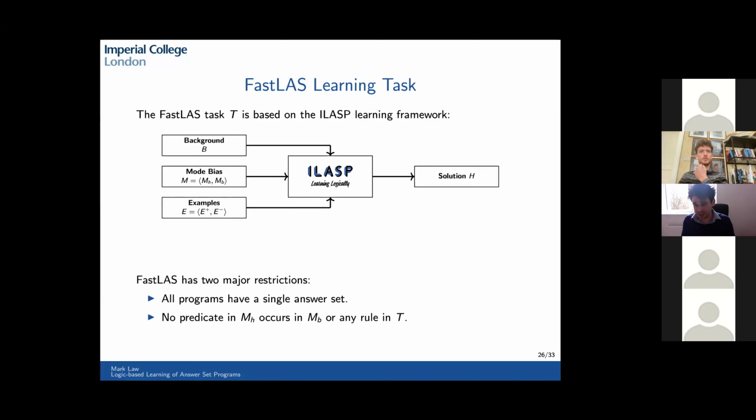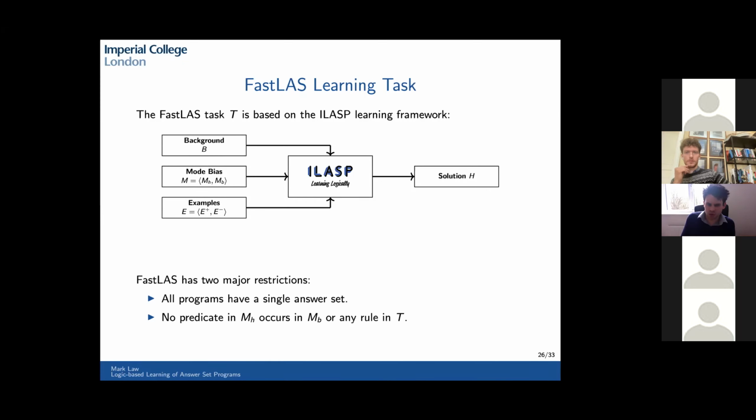FastLAS, or at least FastLAS 1, has some major restrictions, which are, firstly, all programs have to have a single answer set. So this means that the notion of brave and cautious actually coincides. And this is why the implementation of FastLAS only supports positive examples, because there's no need for the negative examples when you only have programs with a single answer set.